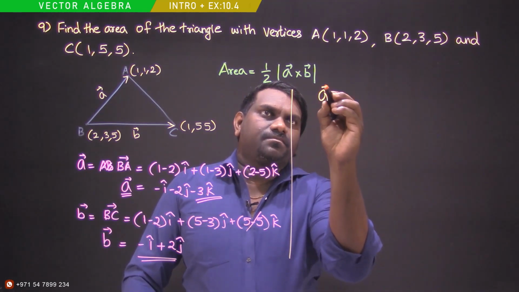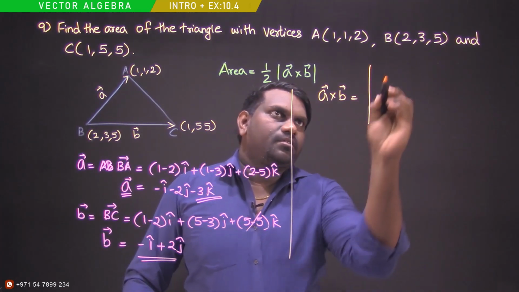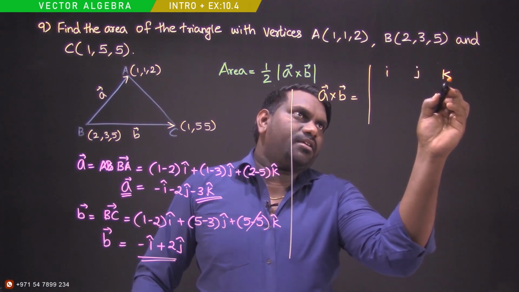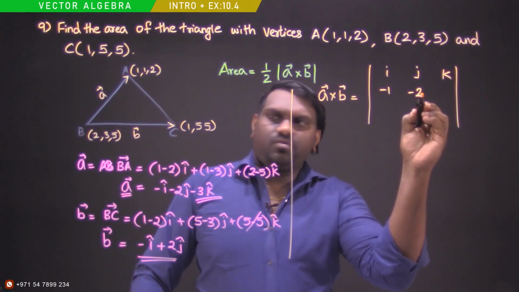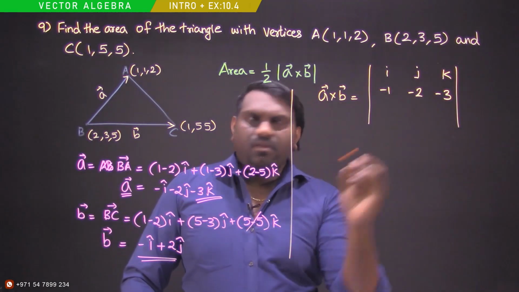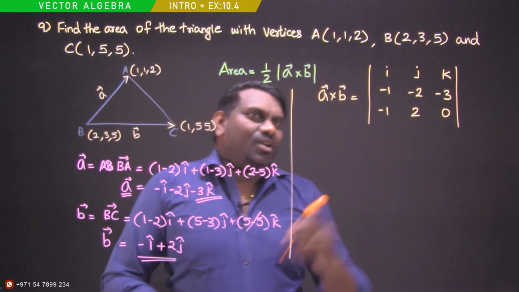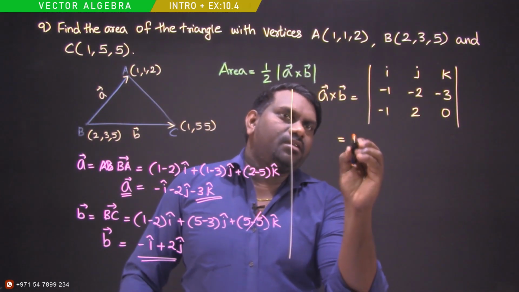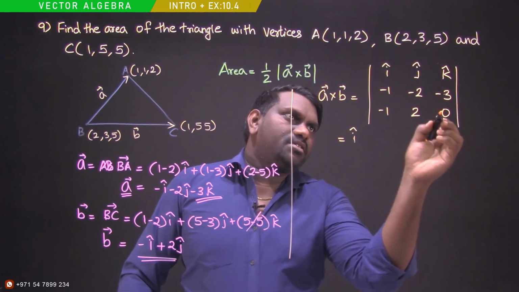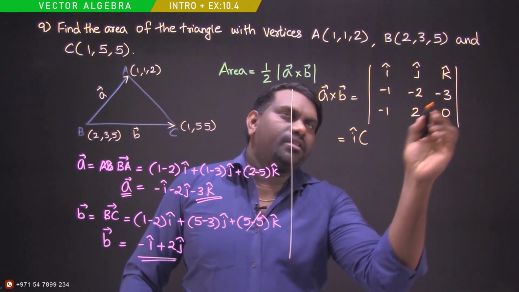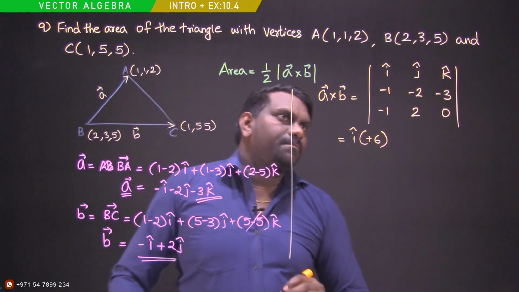So what's next? A cross B. How to find it? I, J and K with these coefficients, which is minus 1, minus 2, minus 3 with minus 1, 2 and 0, because there is no K. Okay, so that gives me I cap into these two, this one is in fact 0, minus 6, minus of minus 6, so it is going to be plus 6, dear.